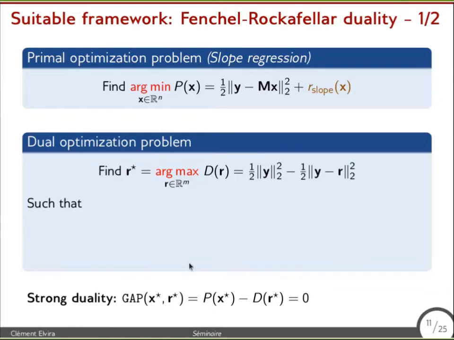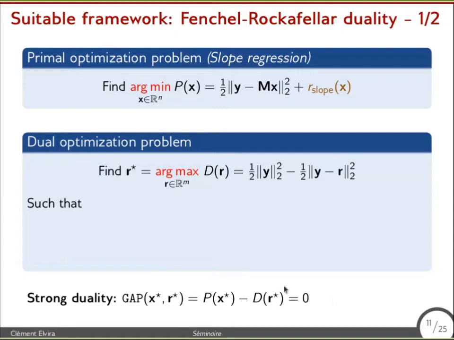And I know for sure that at optimality, some quantity that I have called the duality gap, that is the difference between the cost function of the primal and the cost function of the dual problem, is equal to 0 at optimality. Okay. So it is a kind of measure of convergence of my algorithm.